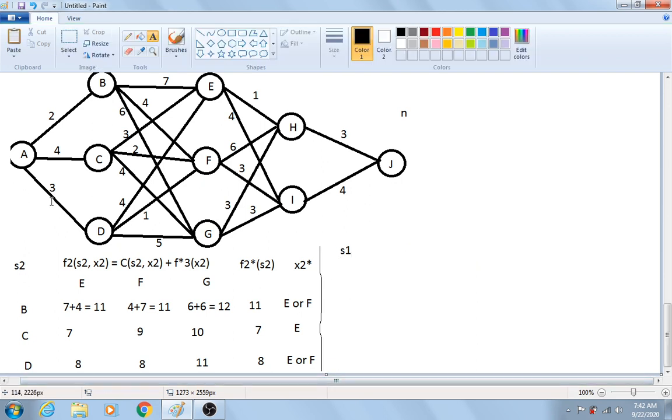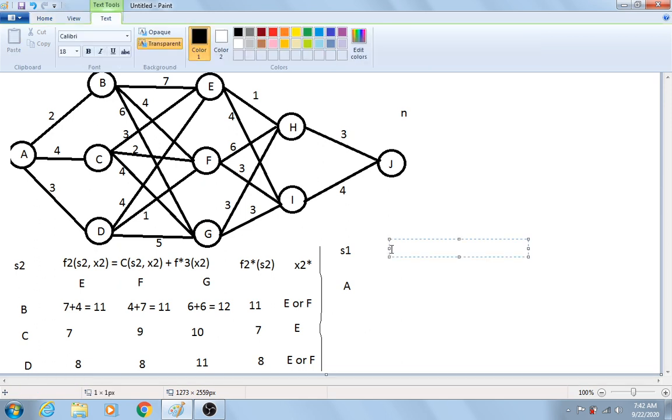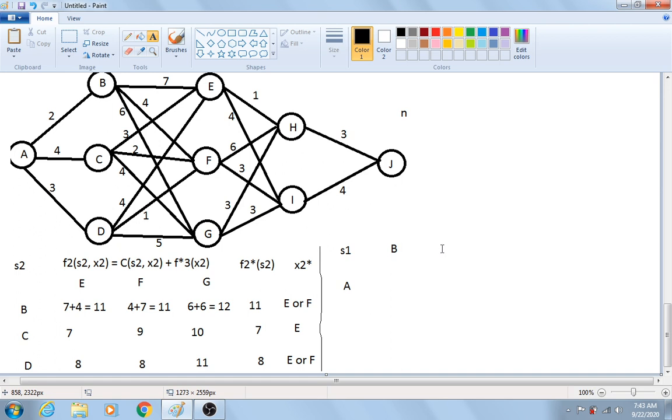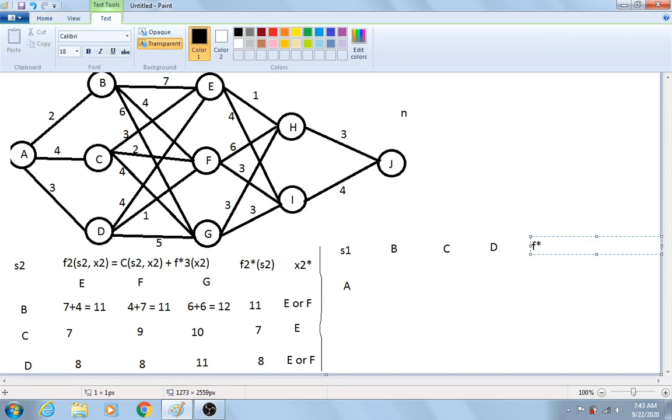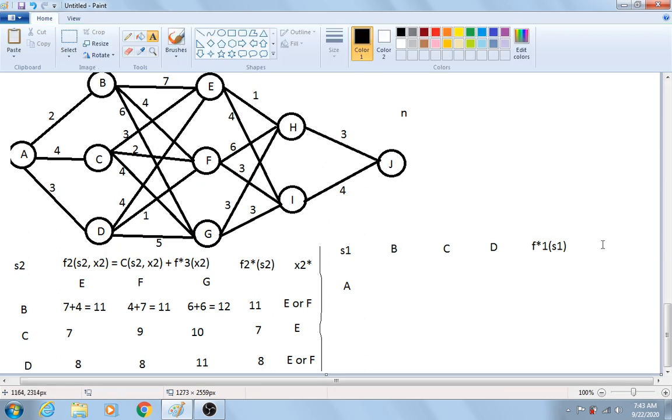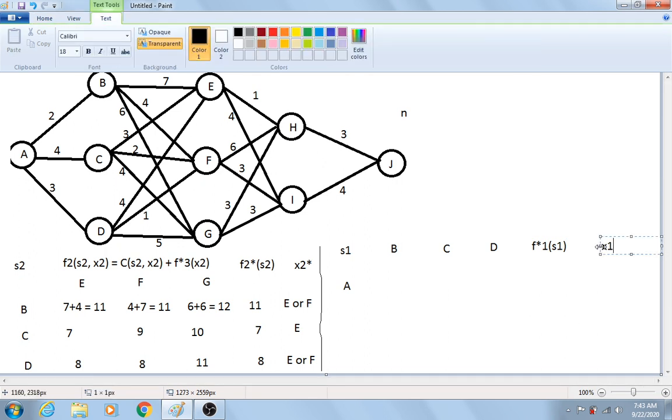And what is S1? It is only 1, that is A. What is our X1? B, C, and D. So we will have here B, C, and D. And here we have F star 1 S1, and here we have X1 star.